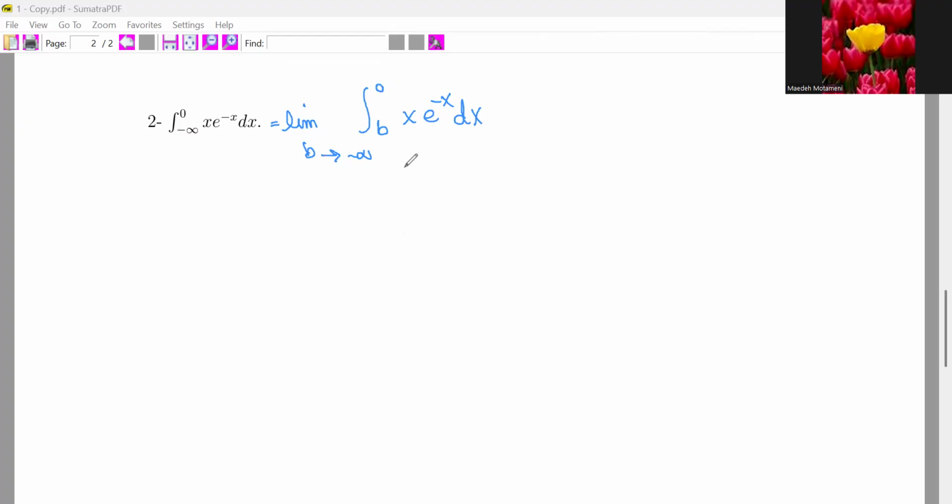None of them is the derivative of the other one. So we have an algebraic function here, and an exponential here. Between these two, u for integration by parts will be x, and the rest of it, e to the negative x dx, is dv. So when you take the derivative, du equals dx, and when you take the integral, v equals negative e to the negative x.